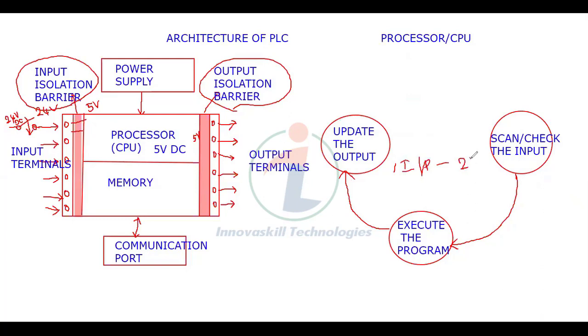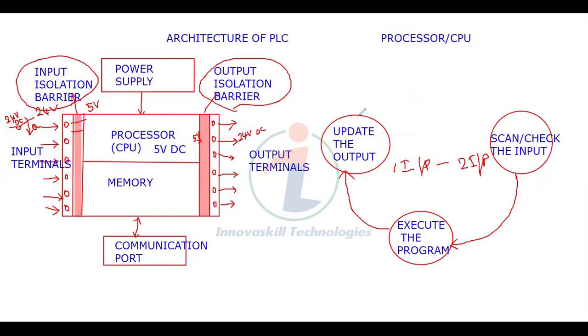In the first input the 24 volt will be received, internally it is converted to 5 and given to processor, the processor will check it, and according to that it will execute the program and update the output, in the sense it will give 5 volt in this particular terminal. If it is given here, this isolation barrier will convert that to 24 volt and it will be automatically given in this terminal.